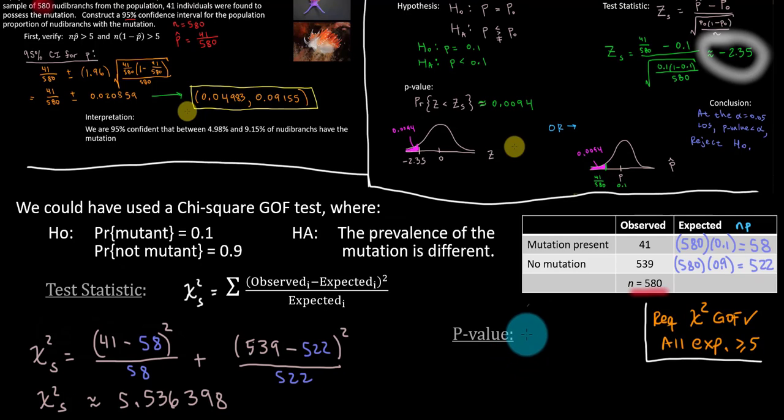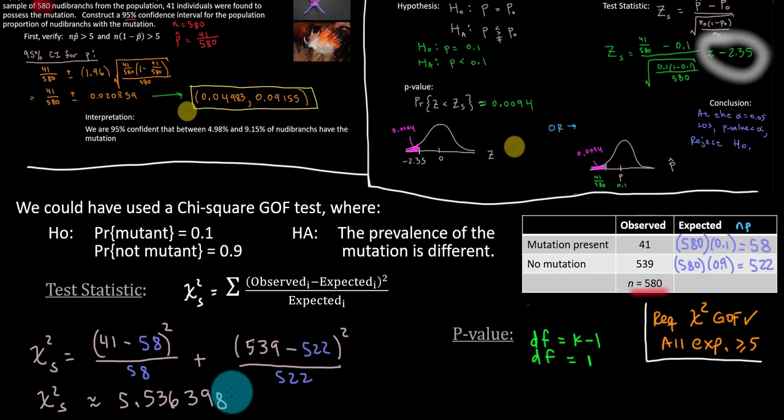Our next step, as always, is to determine the p-value for this hypothesis test. For this goodness of fit interpretation, recall that the degrees of freedom is the number of categories minus 1. Here, there was either the mutation present or not present, so that's 2 minus 1, which is 1.